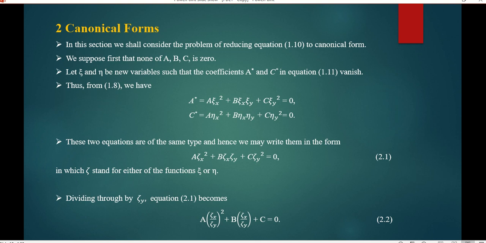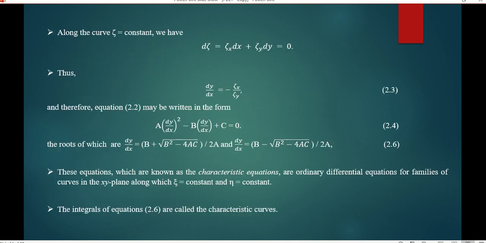Thus from the equation 1.8 we have the a star and c star values. Now by using these two values we can write the equation 2.7, and by using the equation 2.7 we have the equation 2.2. Along the curve zeta equal to constant we have d zeta equal to zero, and so we have dy by dx equal to minus zeta x by zeta y.